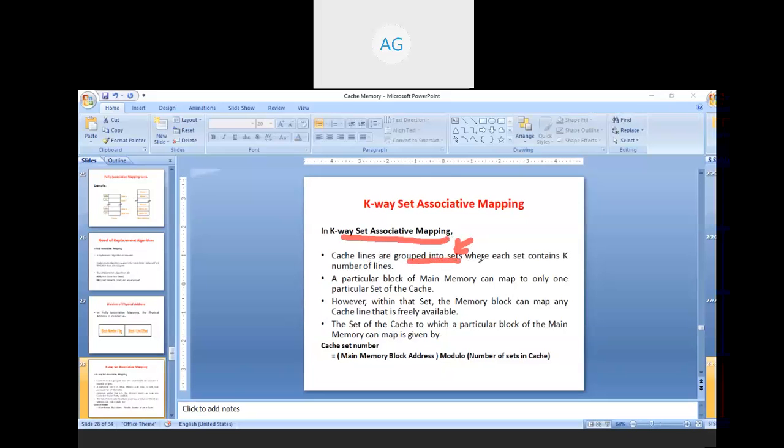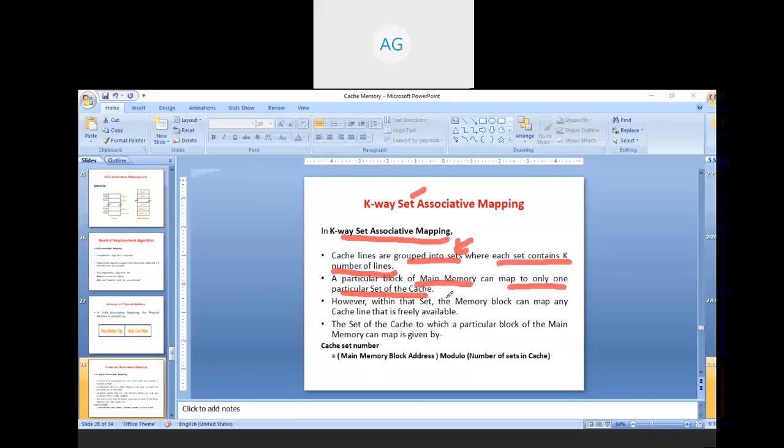Cache lines are grouped into sets where each set contains k number of lines. A particular block of main memory can map to only one particular set of the cache memory. We will discuss it in detail in the next slide with a diagram.